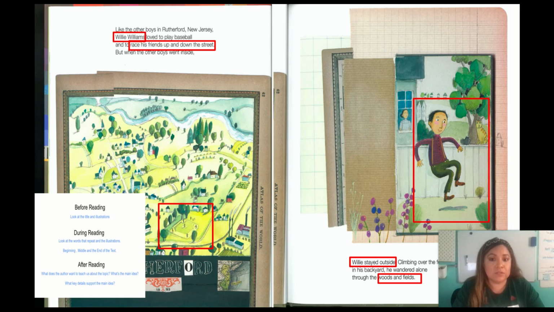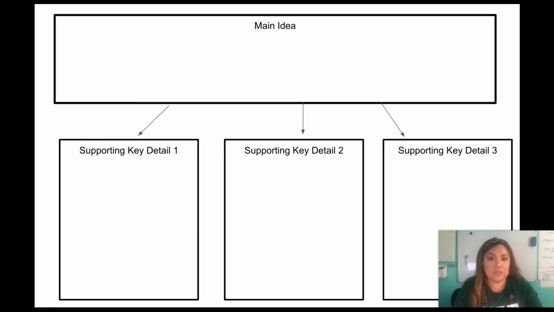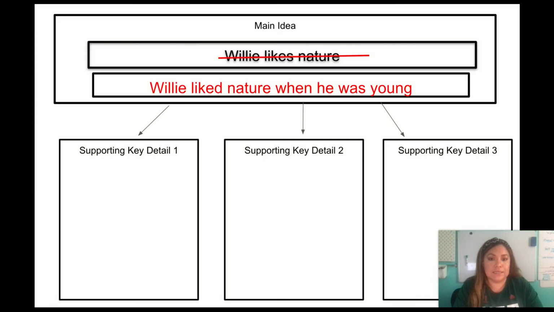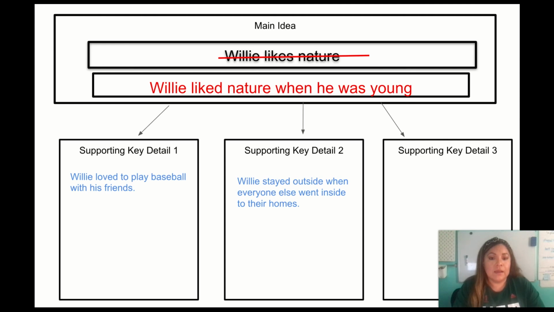When everybody else went inside and there was nobody else to play with, he still chose to be outside. So, my second key detail, if I put it in my own words, is that Willie stayed outside when everyone else went inside to their homes.